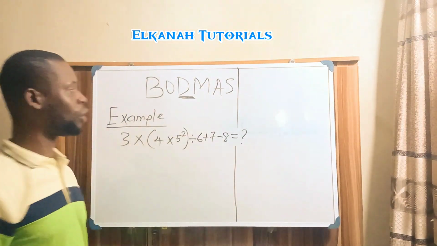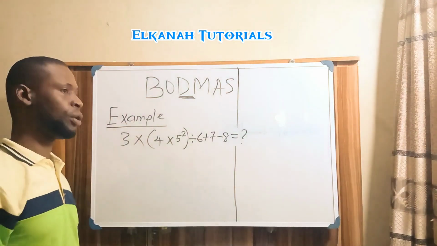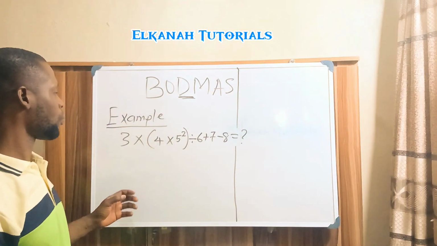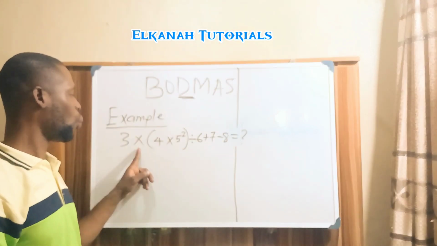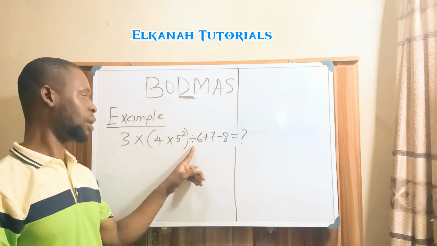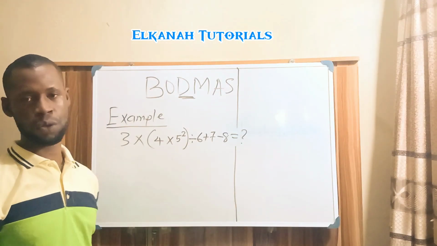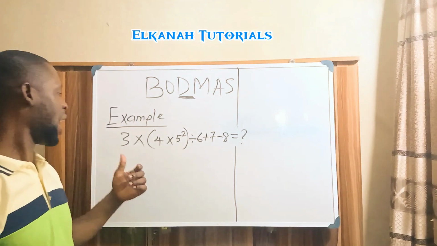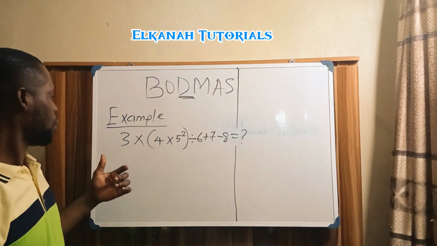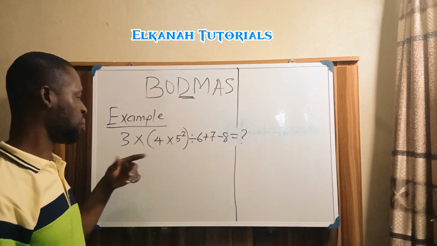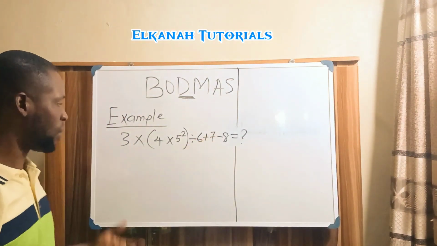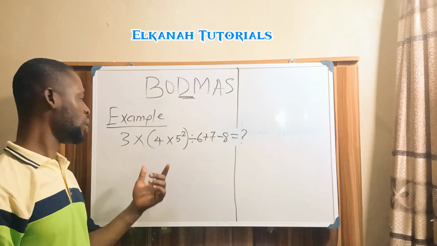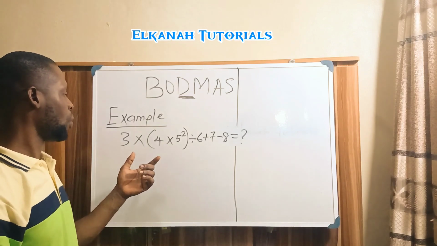So that is why Bodmas is very important when it comes to problems that have more than one arithmetic operation, that is, more signs like the multiplication sign, the division sign, the addition sign, and the subtraction sign. Like in this case, we even have more operations.